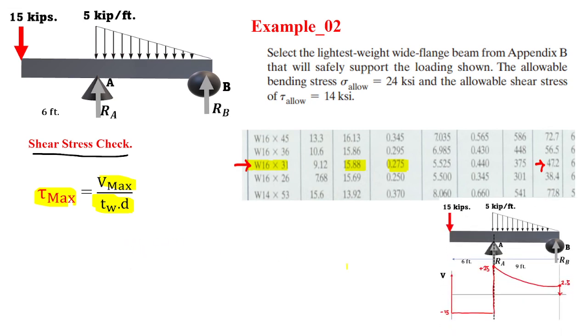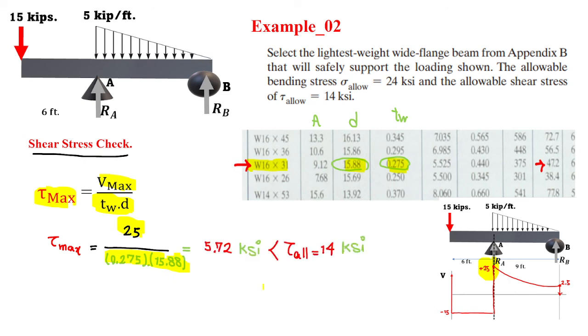So V maximum is positive 25 over the web area, D times TW, and it gives us 5.72 ksi. It should be smaller than our allowable tau.